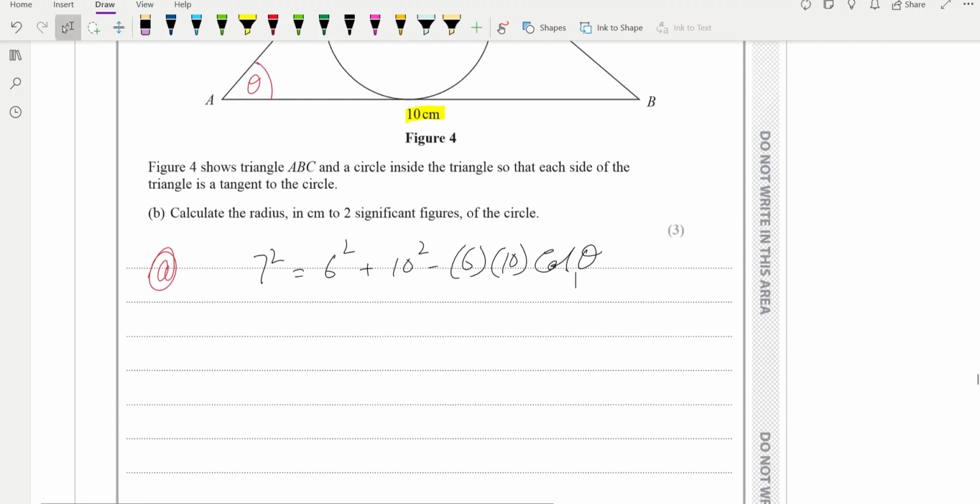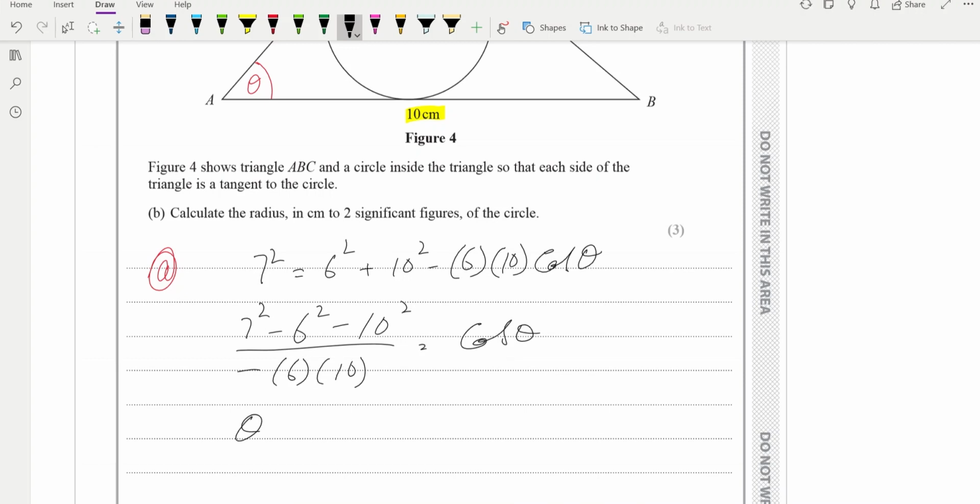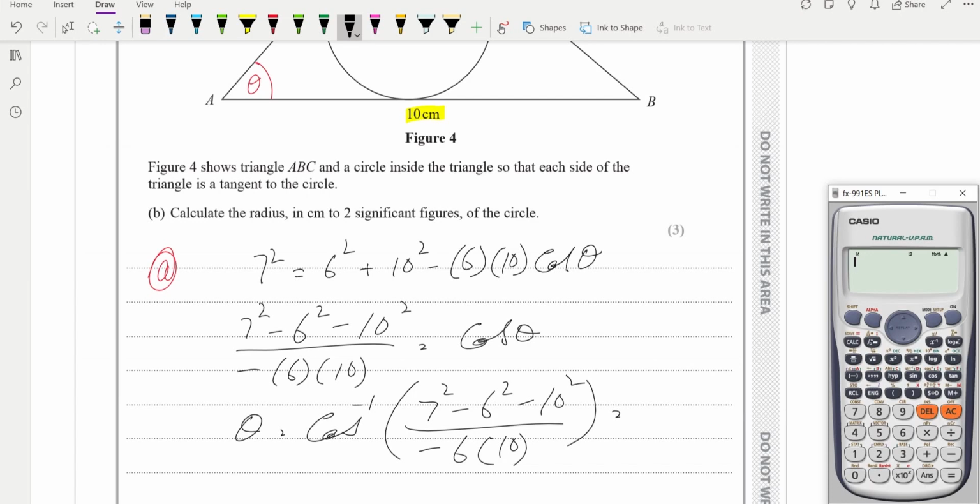Now this theta value we can calculate. We'll be shifting the terms to the other side, so we will get 7 square minus 6 square minus 10 squared, divided by minus 6 and 10, and this will be equal to cos theta. So theta is cos inverse of 7 squared minus 6 squared minus 10 squared, divided by minus 6 into 10, and this is what we can calculate.